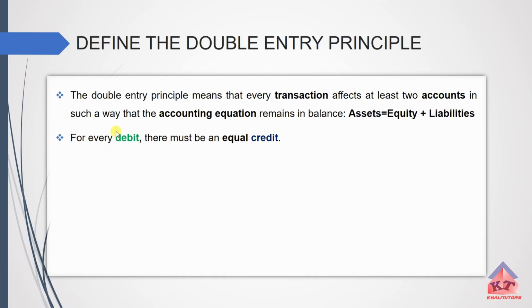Okay, and then they say the accounting equation must always be balanced. In order for this to be balanced, the sum of all debits must be equal to the sum of all credits. Okay, don't worry too much about the terms debit and credit. What you need to know right now is that every transaction will affect at least two accounts.